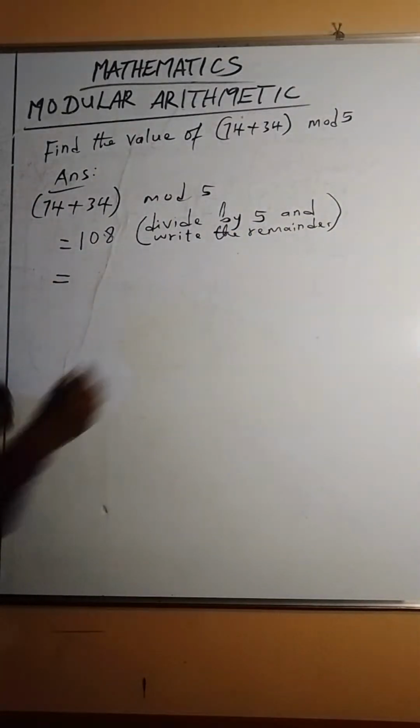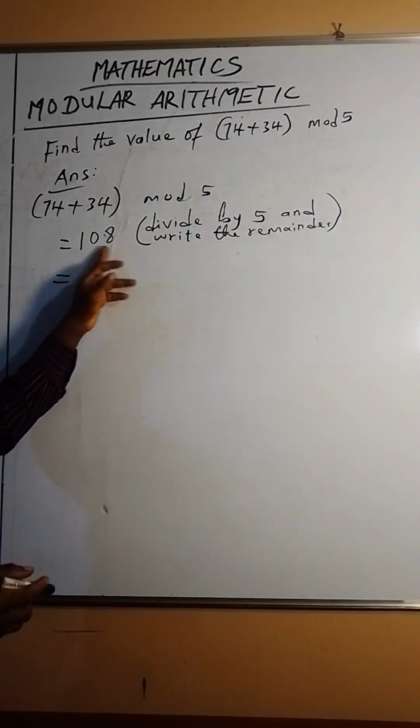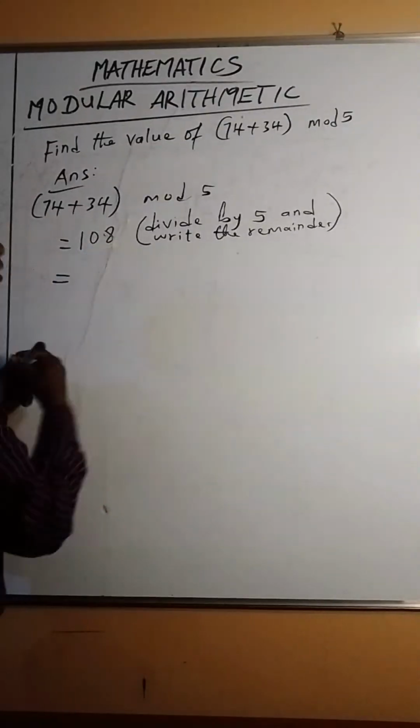Now, divide by 5. The number of times 5 divides this number is not important. What is more important is the remainder. So, by looking at this, the remainder is 3.